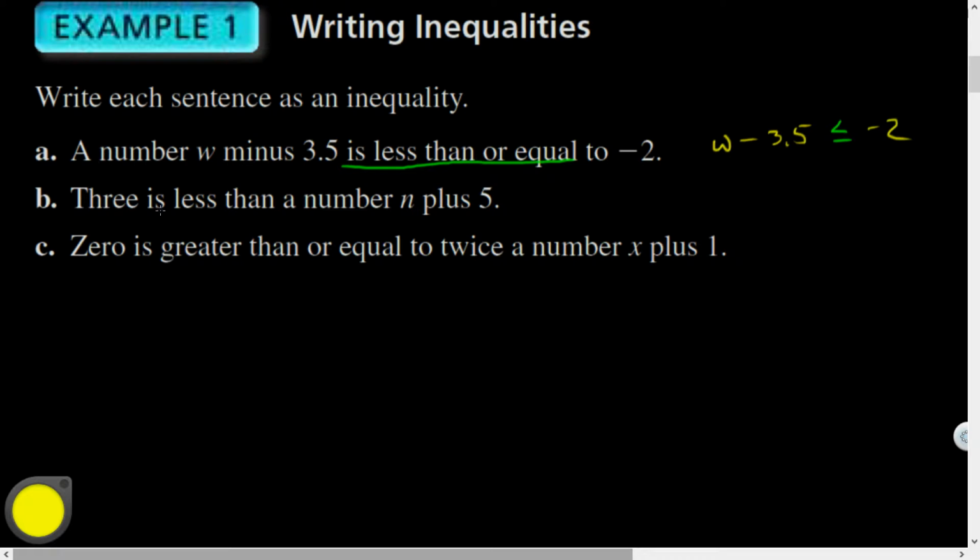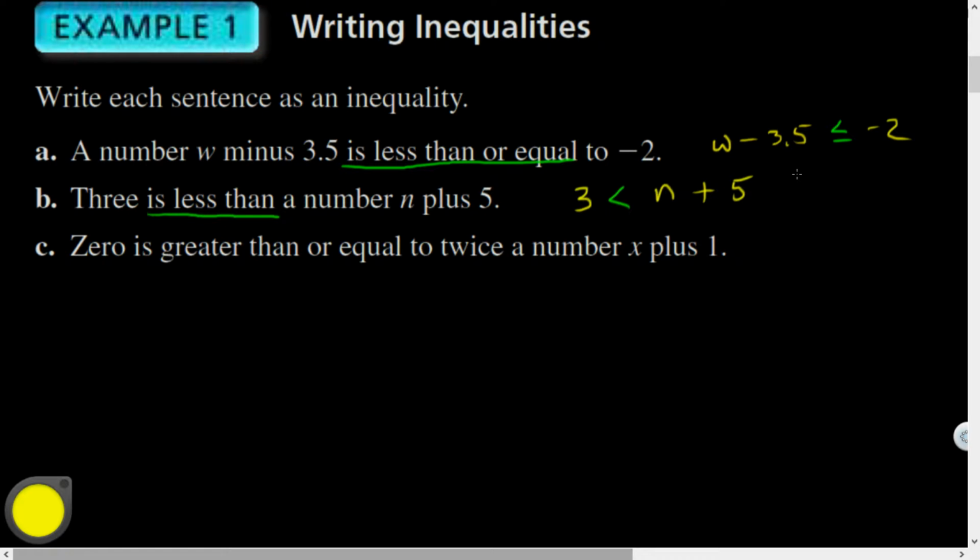All right, 3. I know what the number 3 looks like. Bam, represent. Here's the relationship. The word "is less than" clued it off to me. That's going to be the less than sign: is less than a number n plus 5.